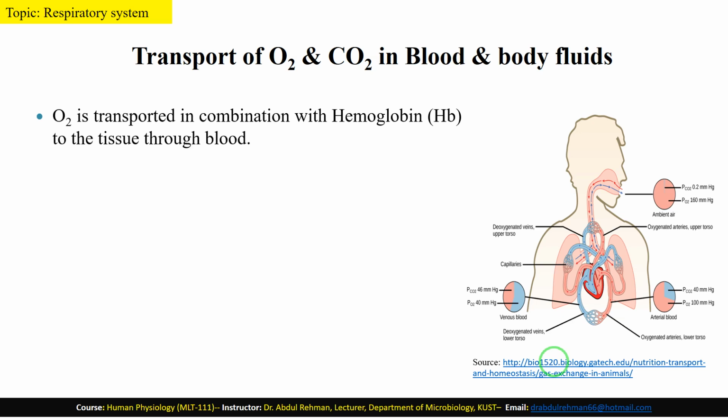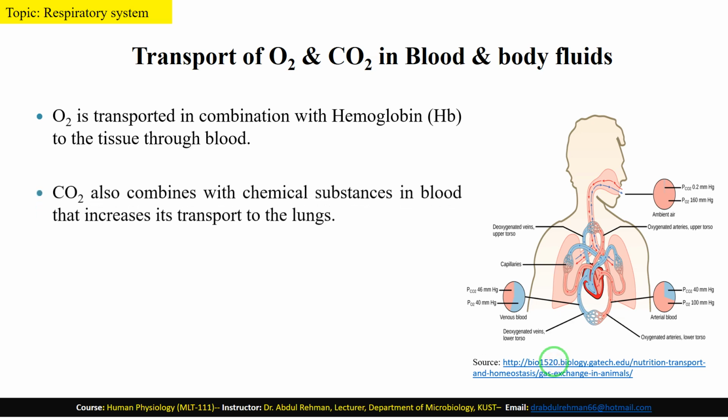while carbon dioxide also combines with chemical substances in blood that increase its transport to the lung. The deoxygenated blood gives carbon dioxide to the lung alveoli and takes oxygen in return.